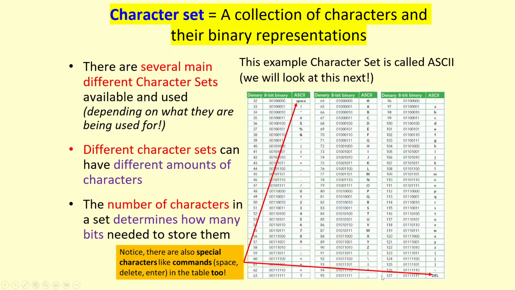There are different character sets that exist, however there's only two that you need to know for the exam, and that is ASCII and Unicode. And you can see an example here of the ASCII character set with all the different characters that it represents and the binary numbers there, and their denary equivalent values as well.